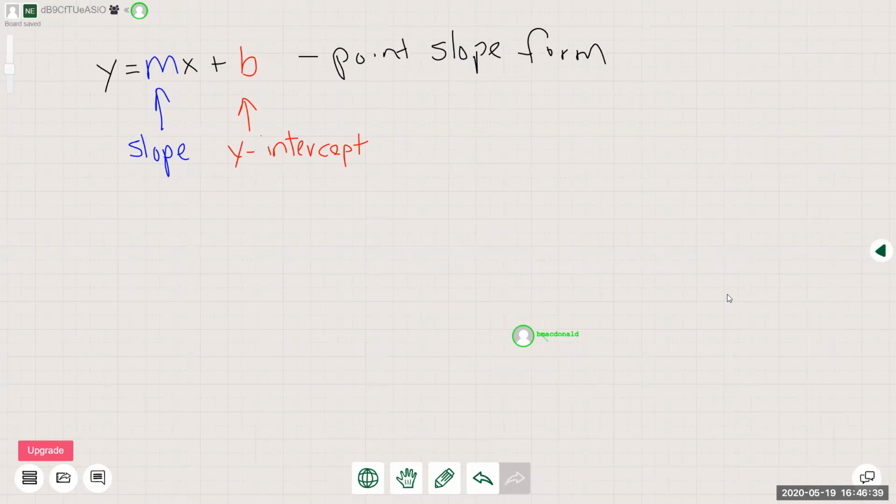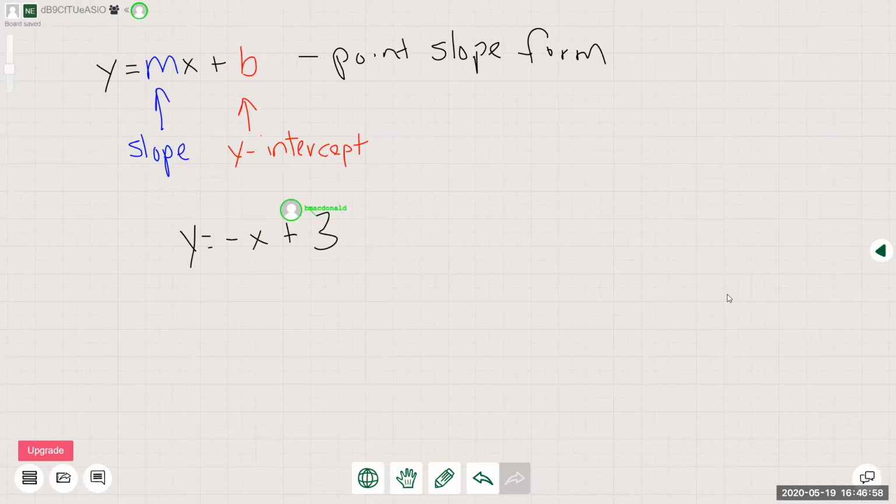So for our next problem, we're going to have an equation that is y equals -x plus 3.